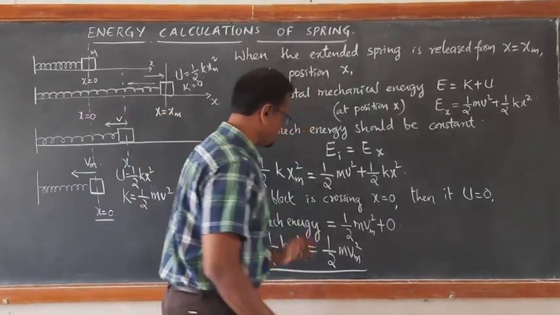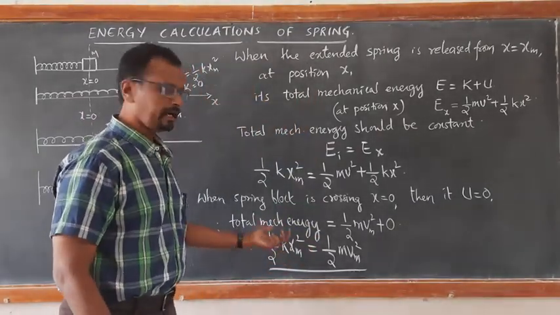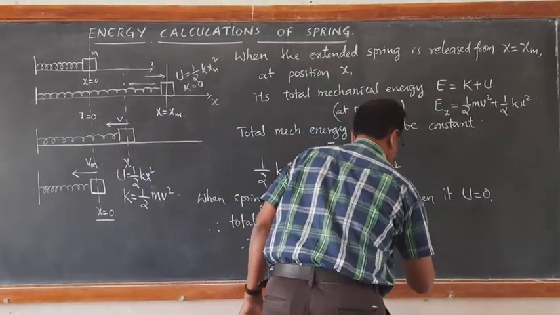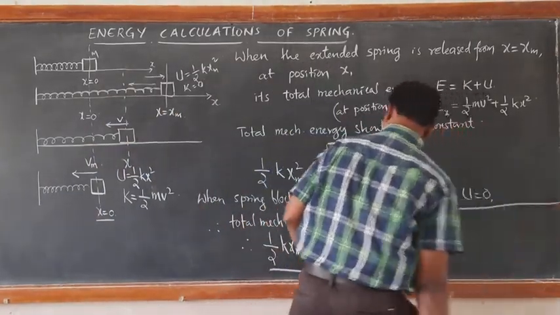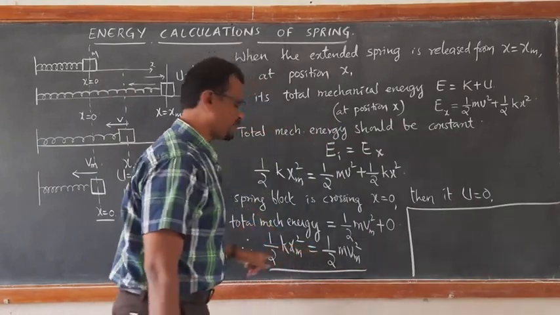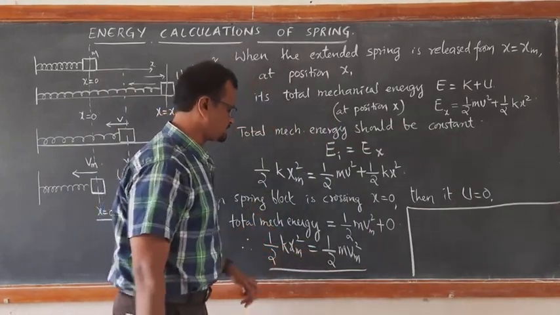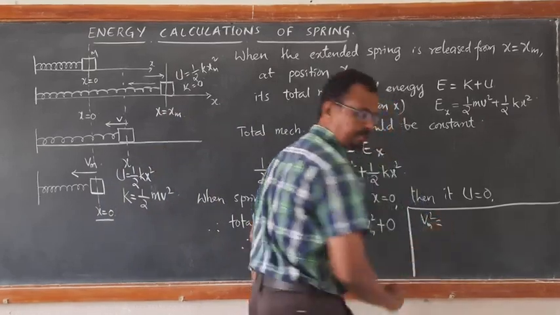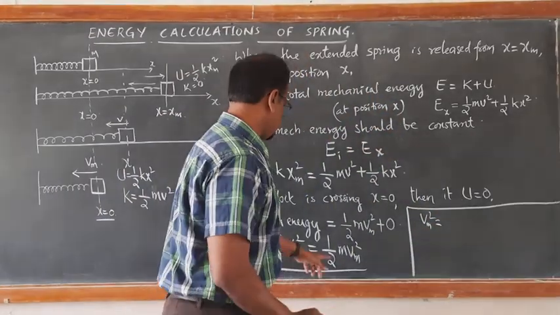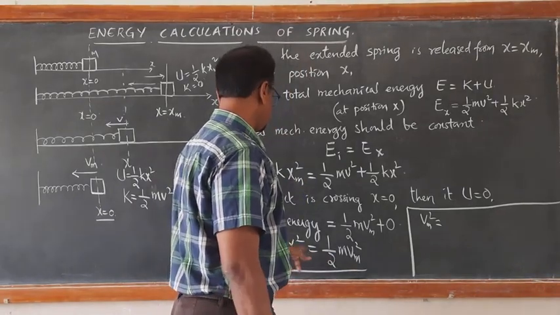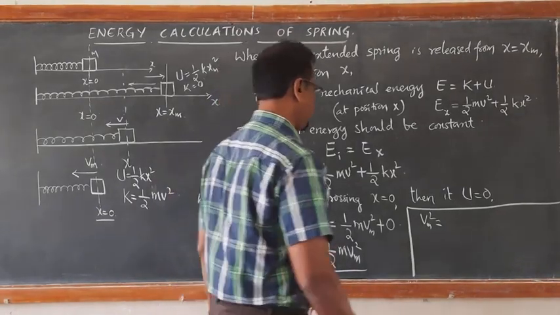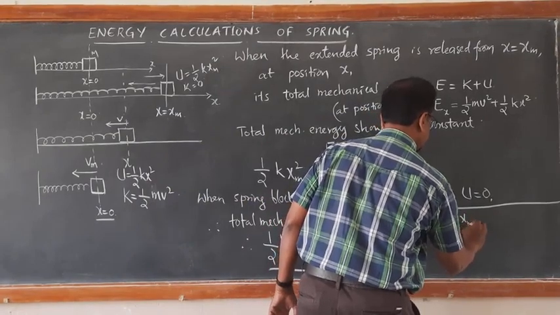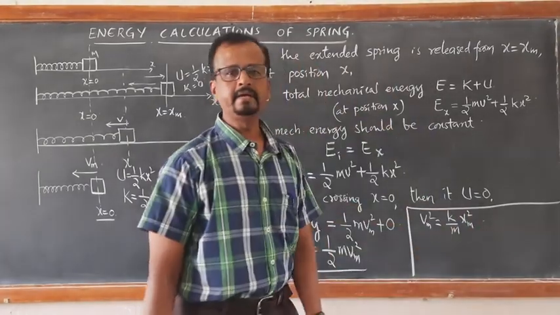What happens to the speed then? We can calculate the speed at the equilibrium position using this. Half cancels, therefore vm square is equal to k by m xm square.